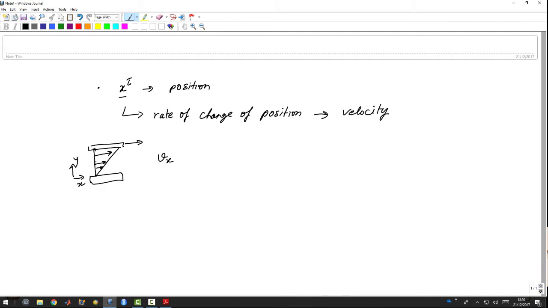Only the x component of the particle position changes, so if a material particle is here, with time it will continue to move like this, and after some time it may occupy here and here, and if you go some time in the past, the same particle might have been earlier here. So there is only x direction motion. In this case we can clearly see that the overall motion itself is not rotational. So the material particle is not rotating.